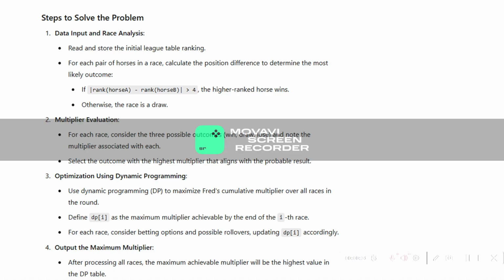For each race, we assign an array position to be the maximum multiplier achievable for that race, and consider betting options and possible rollovers, updating the dp array accordingly. Then the next step is to output the maximum multiplier. After processing all races, we output the maximum achievable multiplier, which will be the highest value in the dp table.